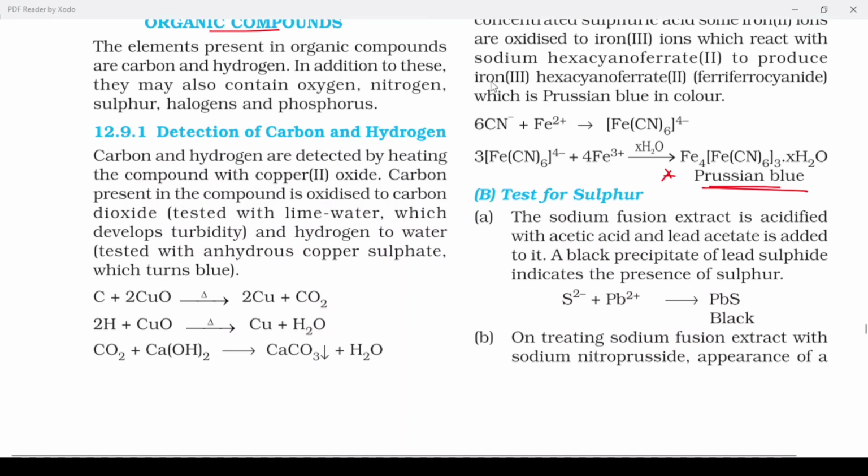There are two types of iron present, Fe3+ and Fe2+. Fe3+ is in the ionization sphere and Fe2+ is in the coordination sphere. Prussian blue is also called ferric ferrocyanide, which is a must remember. Its color is blue, and we use this compound for the detection of nitrogen.